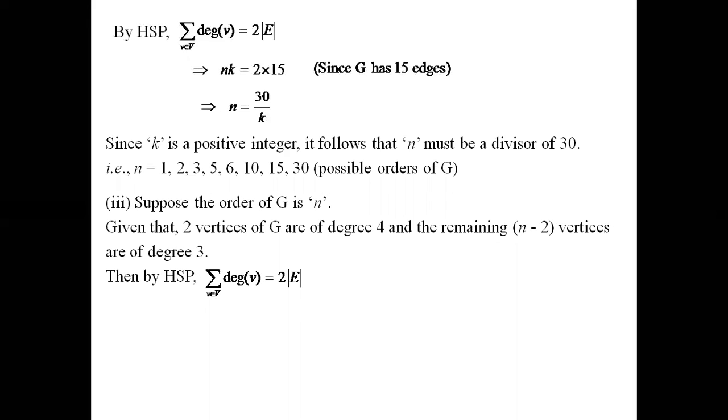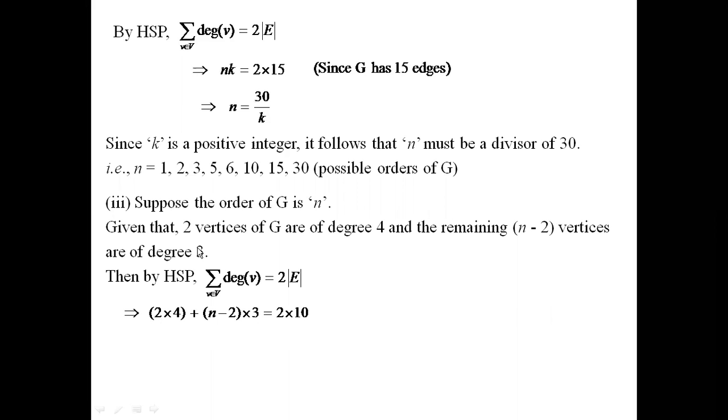Again by the handshaking property, that is the sum of the degrees of all the vertices is equal to twice the number of edges, we obtain 2 into 4 plus n minus 2 into 3 is equal to 2 into 10.